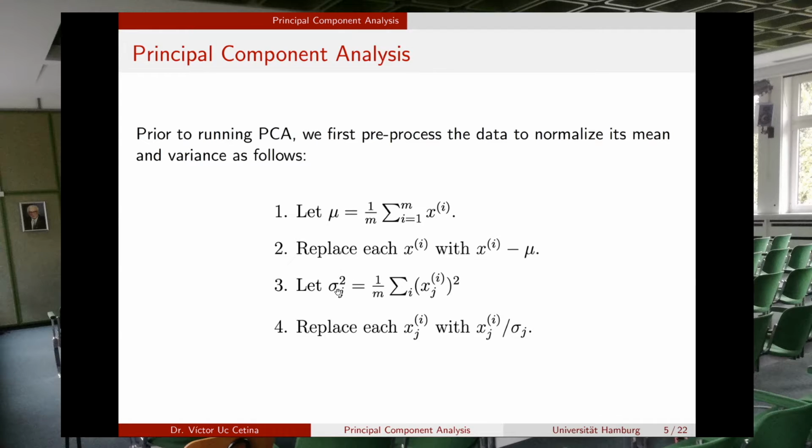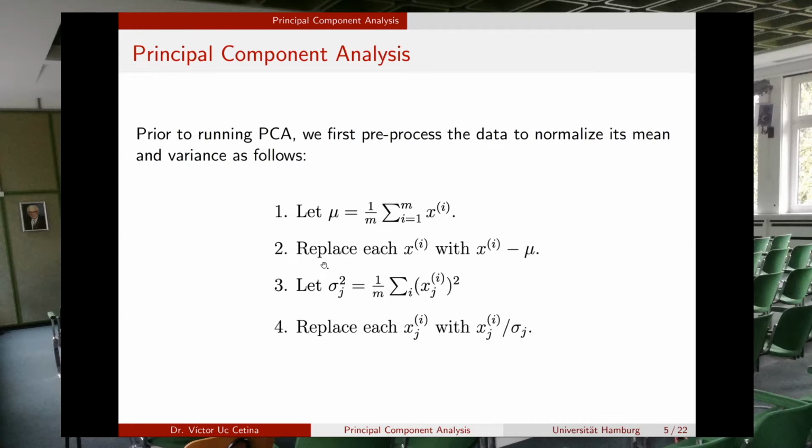Once you have computed the variance in each dimension, then you will replace again the data points with x over sigma, and by doing this we are scaling all the components of our vectors in such a way that all of them will be in the same scale.